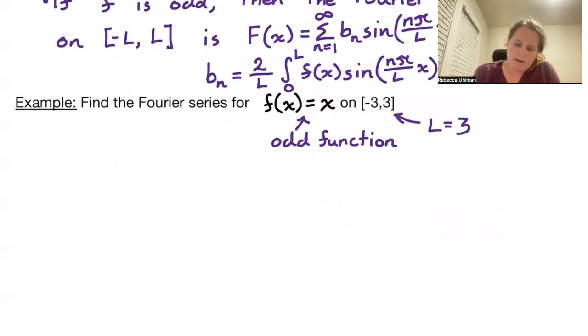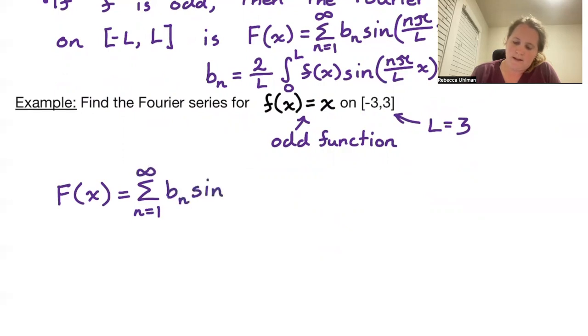So we are looking at capital F of x is equal to the sum from n equals 1 to infinity of b sub n times sine of n pi over L. So in this case, n pi over 3 times x.